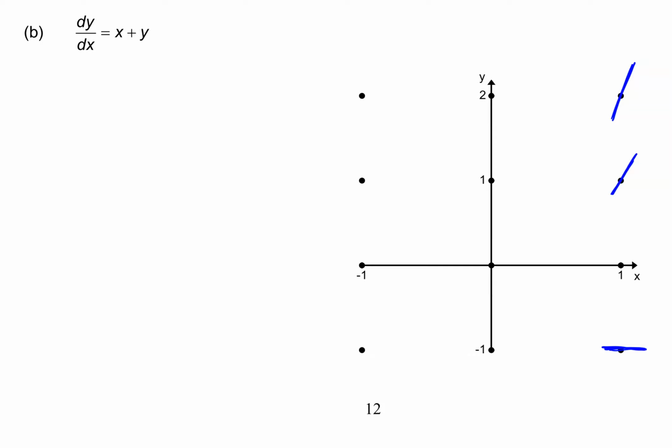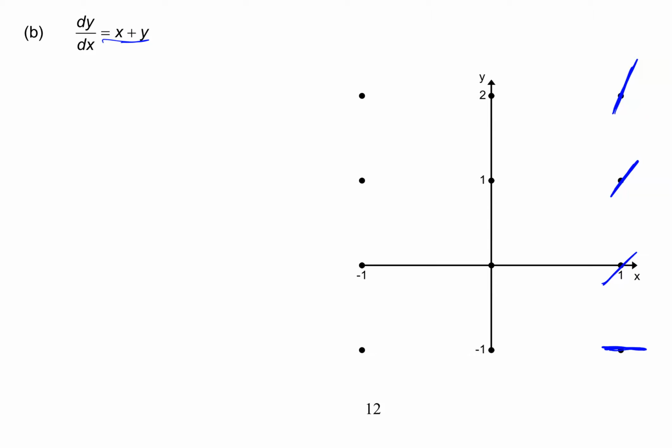So it should be 0, 1. There should be 2. And this is like slope of 3, so it's even steeper. It's kind of hard to tell the difference between them, but it should go flat to steep as you go up. Okay, remember, we're just adding x and y together.